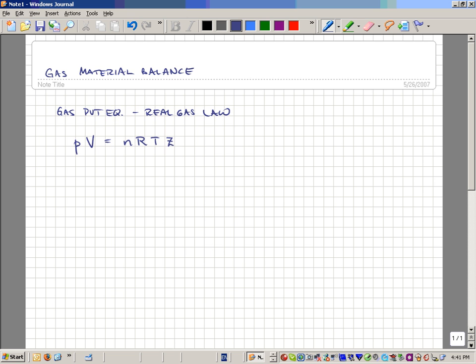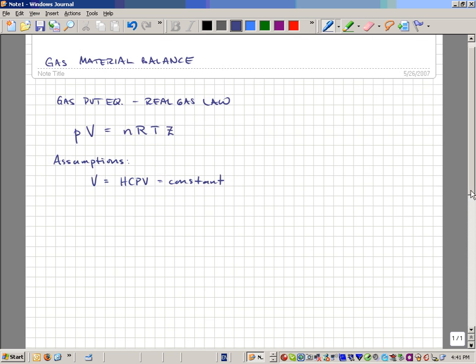And basically the assumptions going into the normal straight line gas material balance is that the volume, which is referred to as the hydrocarbon containing part of the pore volume, is a constant and remains a constant during depletion.